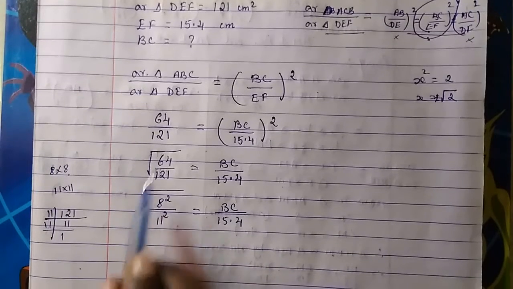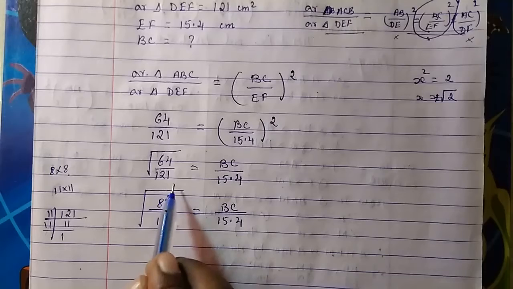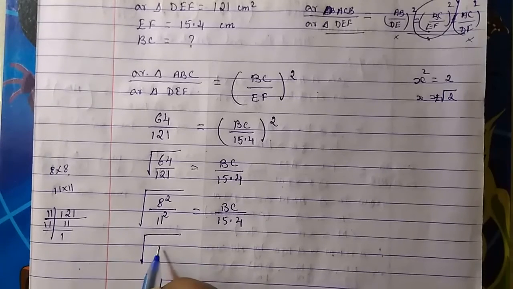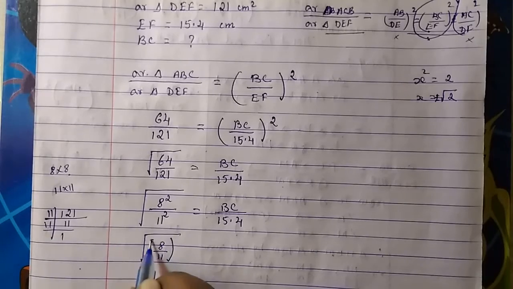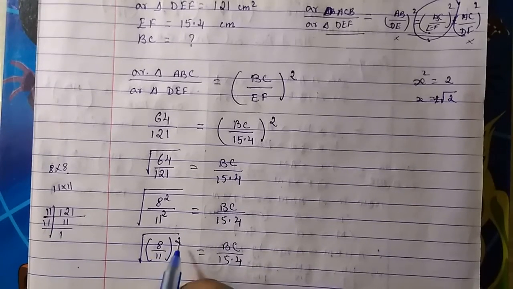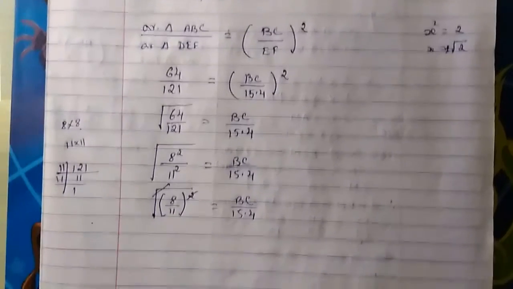Now to remove this root, whenever there is a square, when the square cancels, the root also gets cancelled. So one more step, you can write 8 upon 11 whole square. Now the root gets cancelled, then the square also gets cancelled.